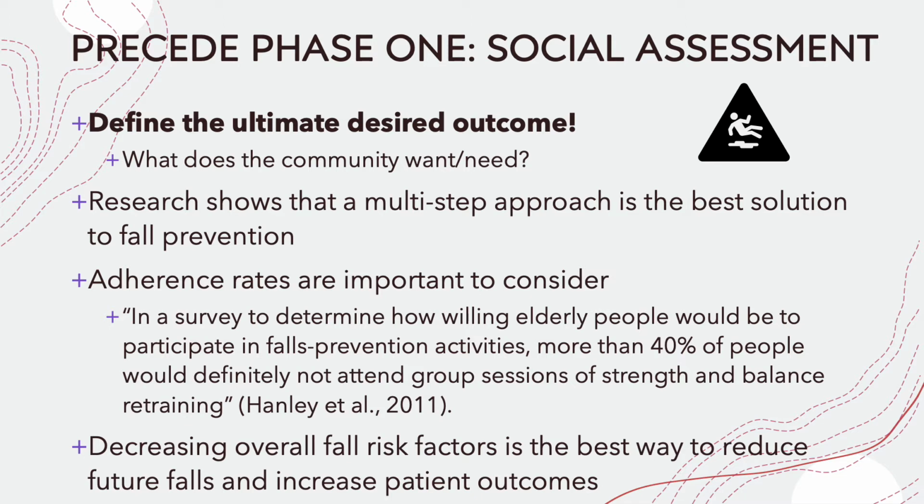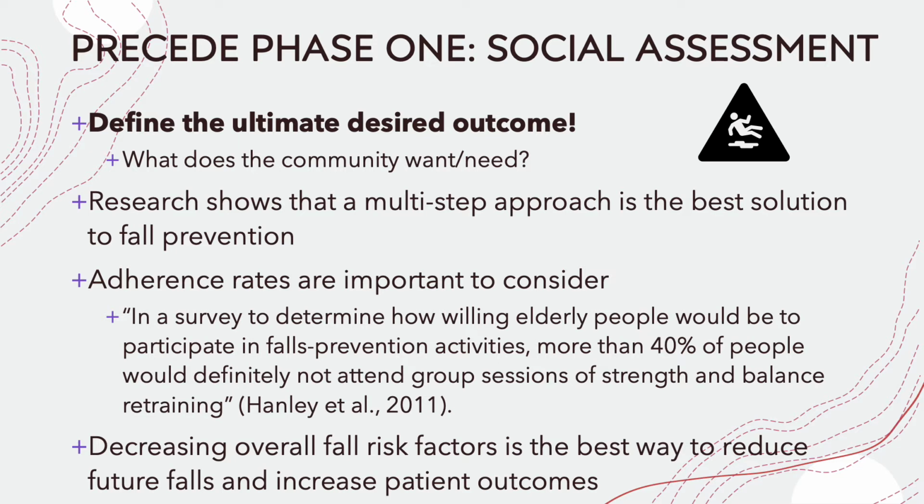For the fall risk, which is the topic that I'm focusing on for this model, research does show that a multi-step approach is the best solution for fall prevention. So, for example, you cannot just educate and hope that that works the best. It has been shown that education on fall reduction alone is not at all effective at reducing falls.